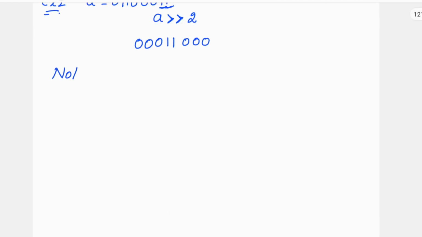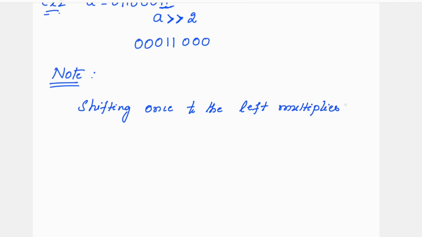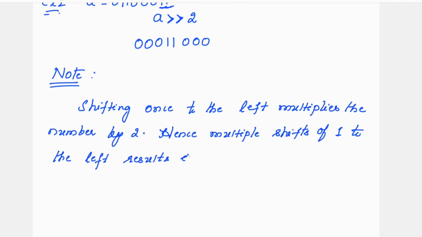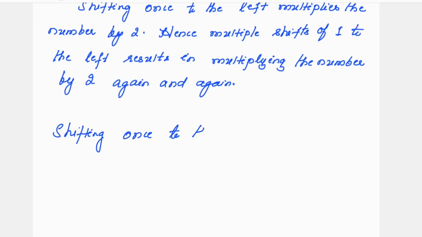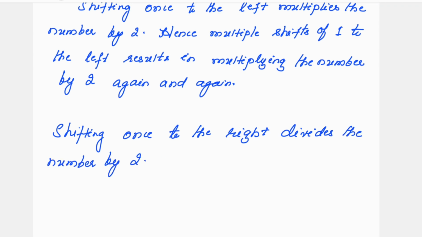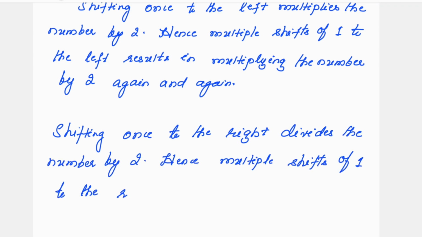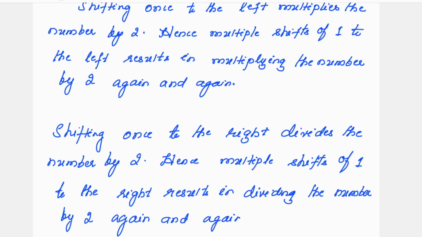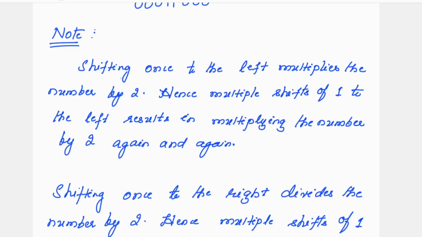With this operation, what exactly is happening? I'll write a note on it. Shifting once to the left multiplies the number by 2. So finally, remember this note I have written here.